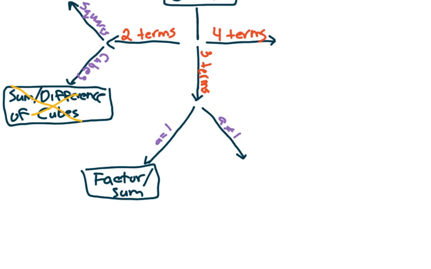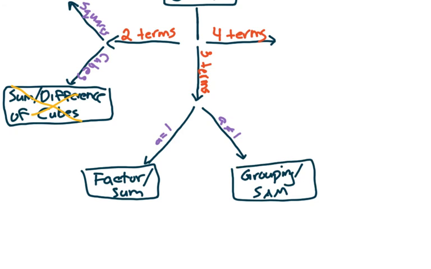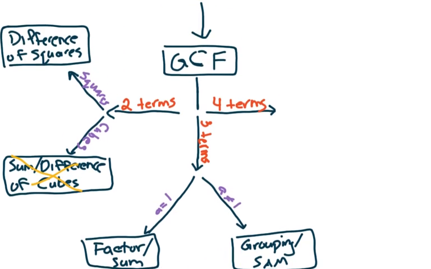And if A does not equal 1, we're going to use grouping. Or if you took one of my previous classes, SAM. And we focused on both of these in the past two videos, so these are both valid methods that we're looking at.